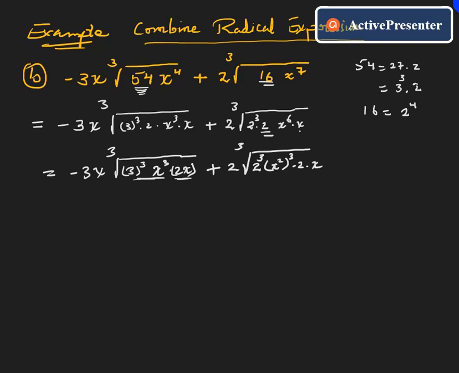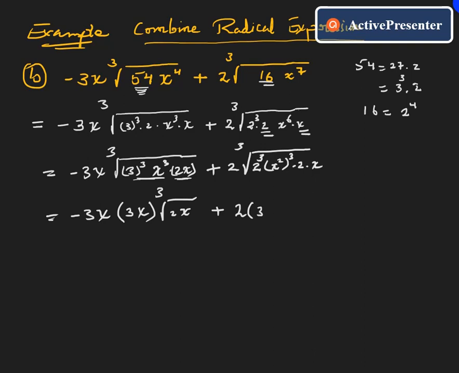We have here 2, we have here x, so this will eventually equal to minus 3x multiplied in 3x, multiplied in the cubic root of 2x. This 2 multiplied in what?